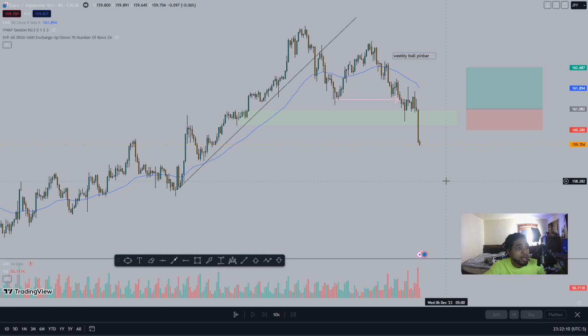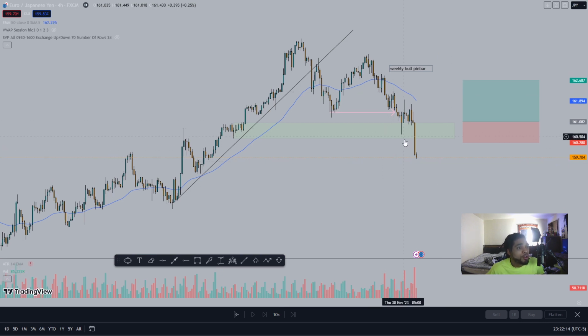Euro JPY. This one looks like a failure. But you got to be careful with this, because there's this low right here. It broke structure. It did come down to here, but it broke structure. And not only that, we have a trend line right here. It broke the trend line, created a high, created lower lows, and then created another high, and then broke those lows.